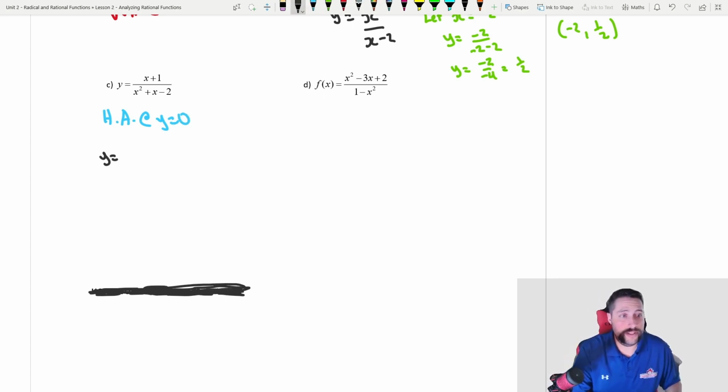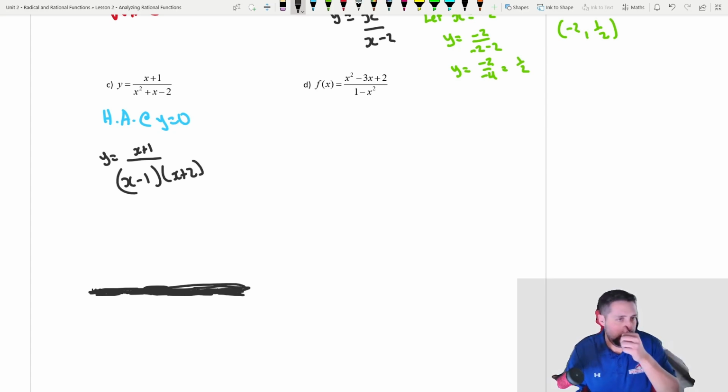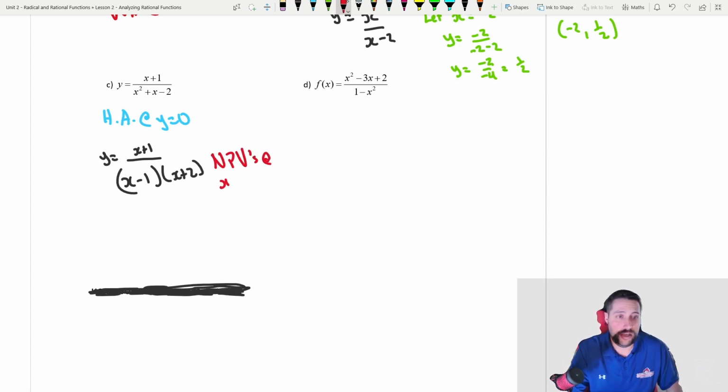This is going to be y is equal to x plus 1 over, in this particular case, the factors x minus 1 and x plus 2. Nothing seems to cancel at this point, so our NPVs are at x is equal to negative 2 and 1.